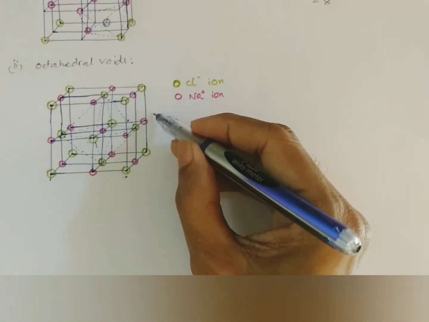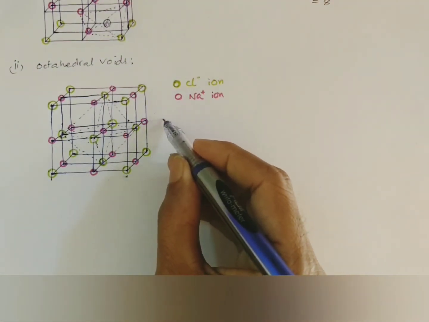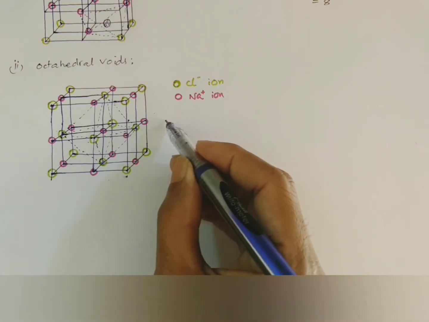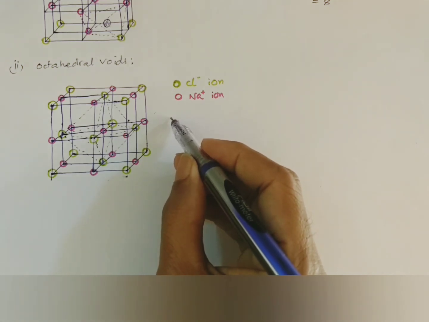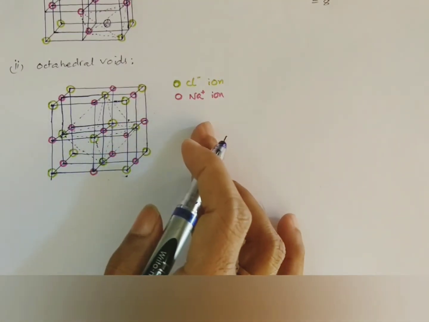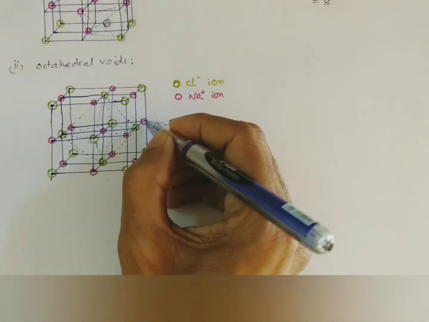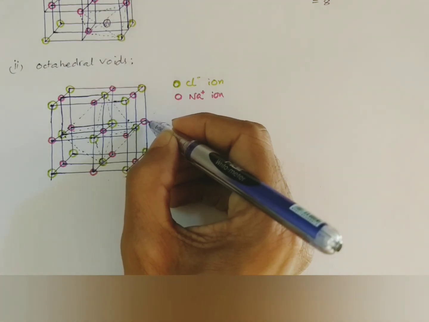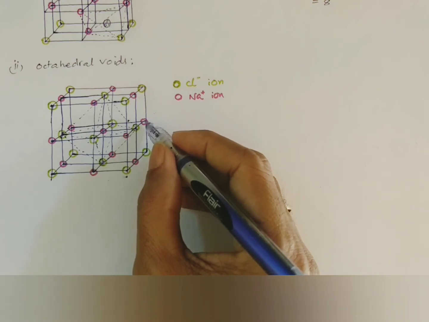Similarly, if you proceed along this, you will locate another chloride ion on the rear face of another unit cell beside this unit cell. So even this atom is surrounded by 6 other ions. So even this sodium ion is present in an octahedral void.